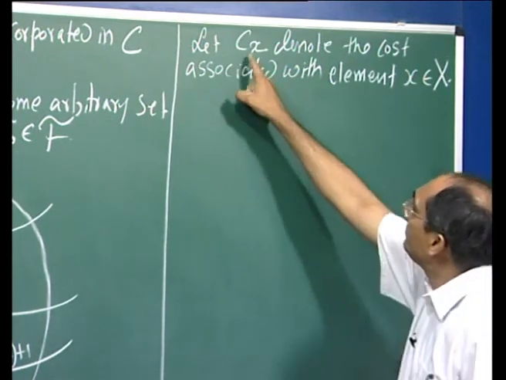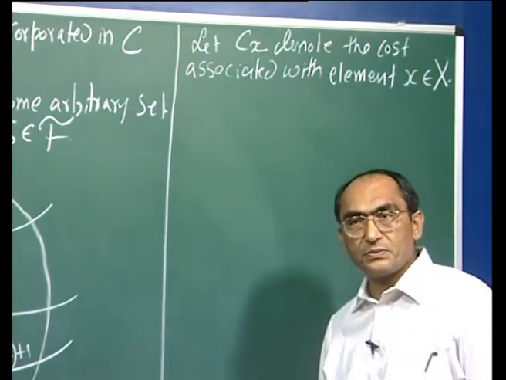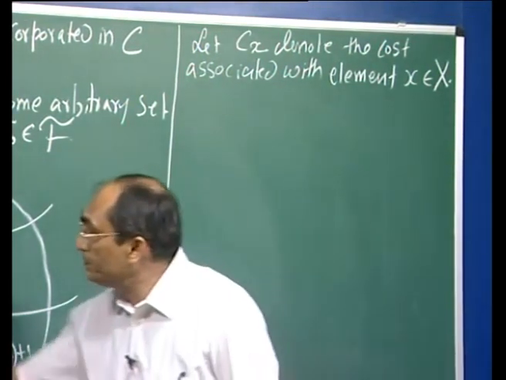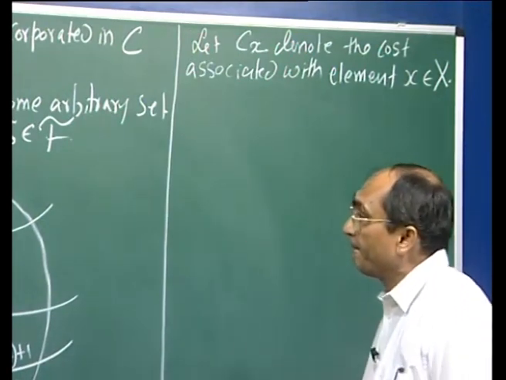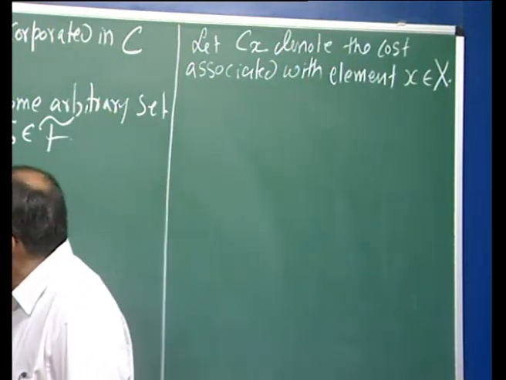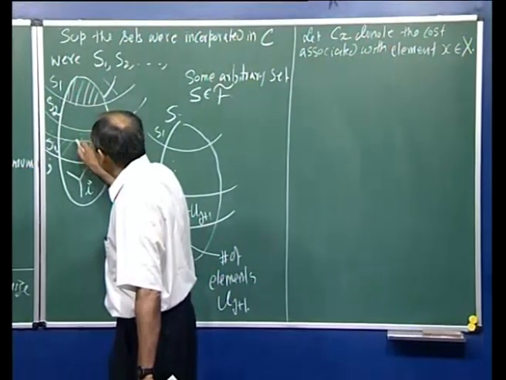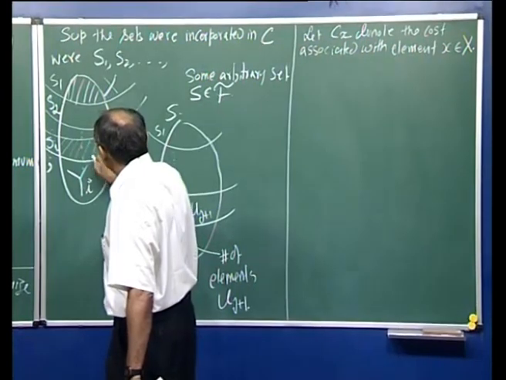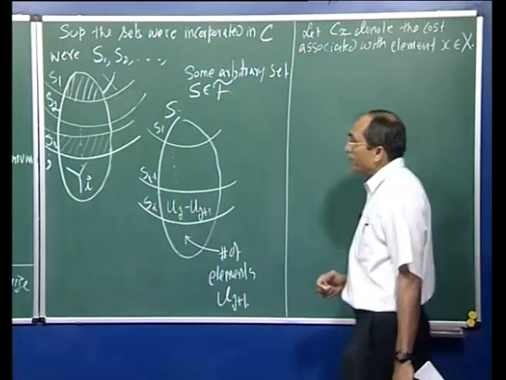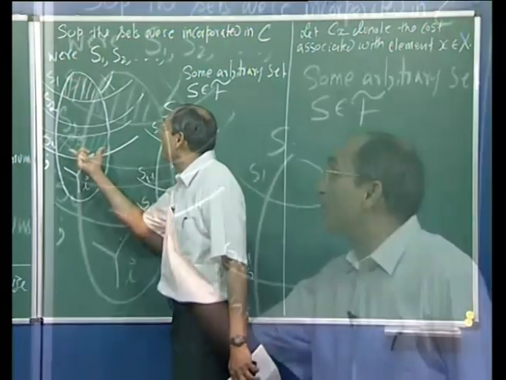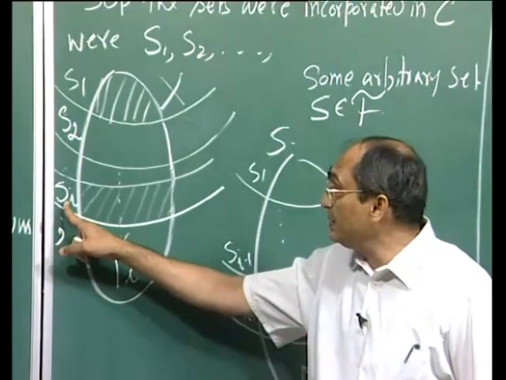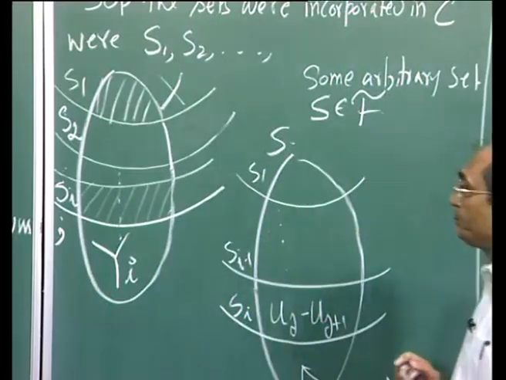Well, suppose x was first time covered by Si. At that time, all these were the new elements that were covered. And the price we paid to cover them was to incorporate Si. Hence, we incurred 1 unit cost.